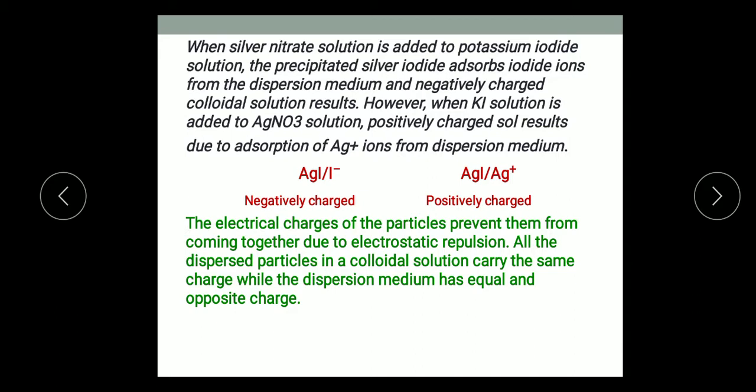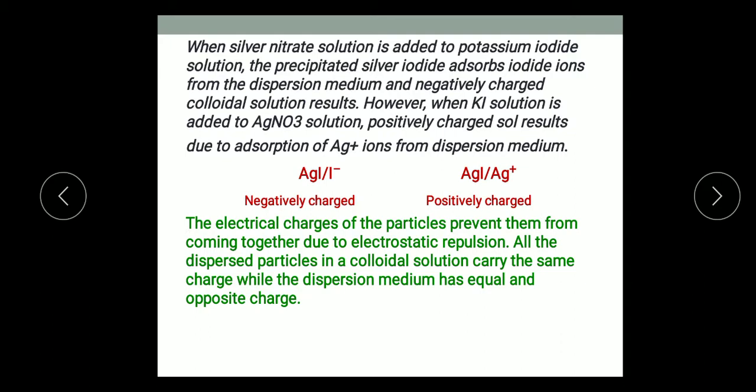Suppose we add a few drops of silver nitrate solution to potassium iodide solution in a test tube. A small amount of silver iodide gets precipitated. Now in solution there is a small amount of precipitate of silver iodide, and we have excess potassium iodide solution. In solution there is iodide ion, negative ion, and potassium, positive ion.